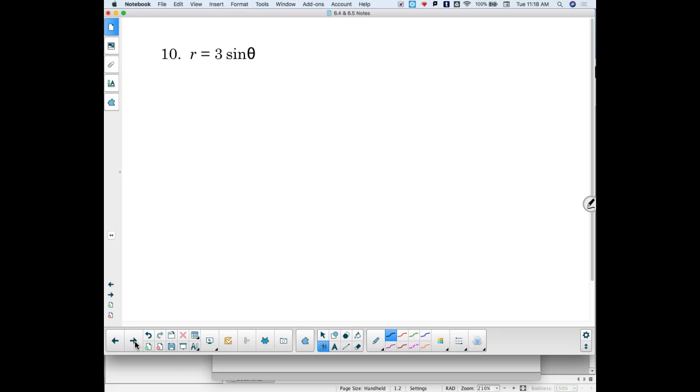This one we do a little differently because I don't have that r sine theta, and I can't divide both sides by sine to get r sine theta.